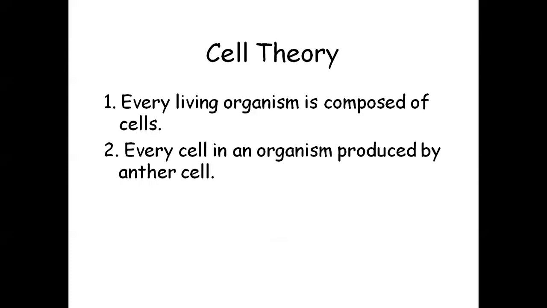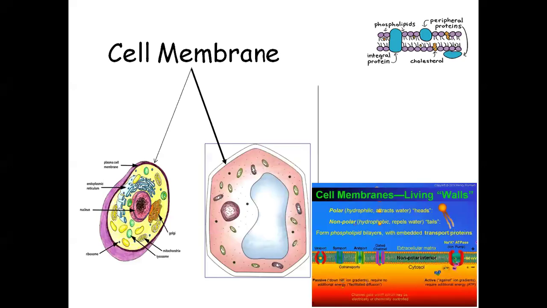Every cell in an organism is produced by pre-existing cells. One cell should be present there and it should undergo mitosis or cell division. Then only new cells will be developed. And this is the concept of cell theory.